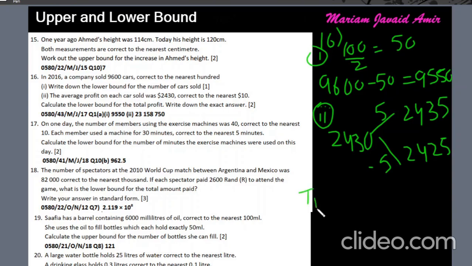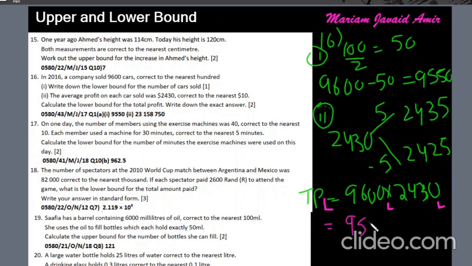Now total profit will be, if this were a regular question, then the total profit would be number of cars sold 9600 times profit on each car 2430. But we need the lower bound for the total profit, so we need the lower answer, which means we need lower values for both of these so that we get a lower overall value.